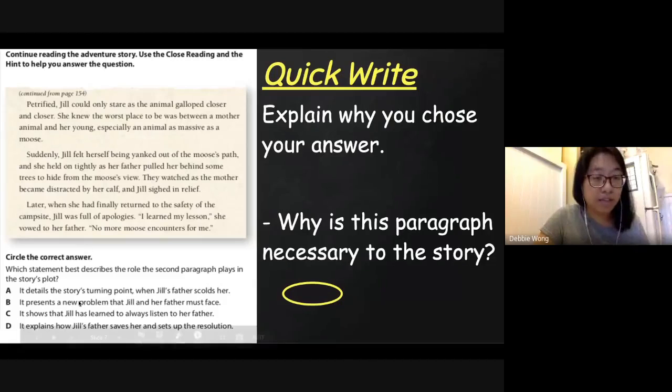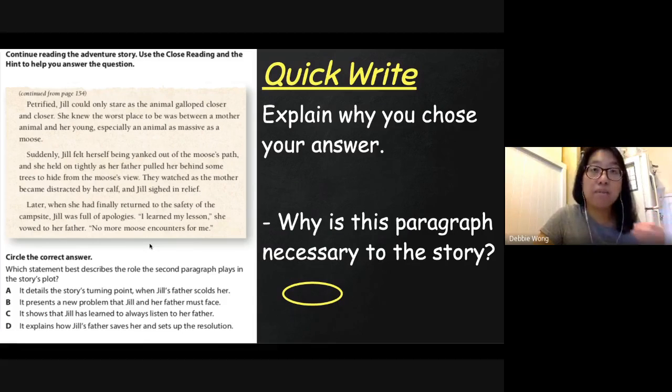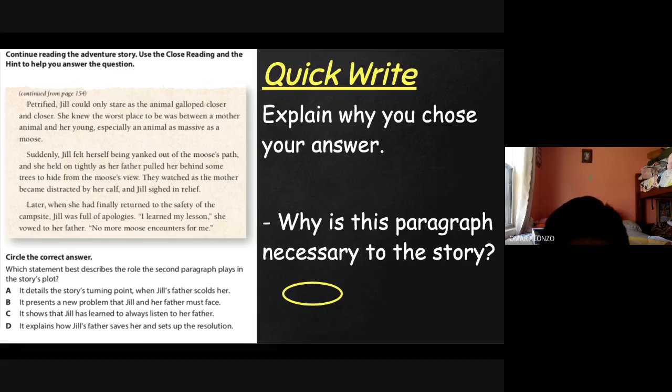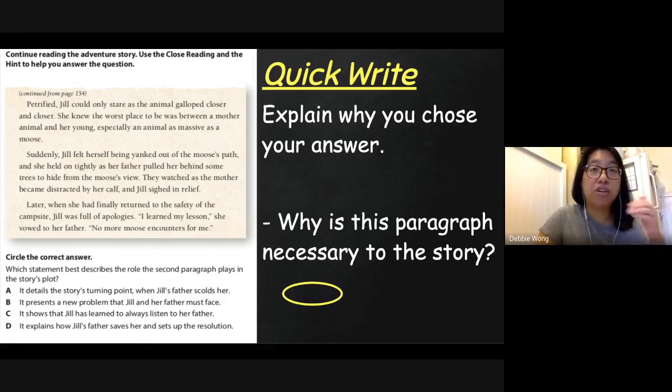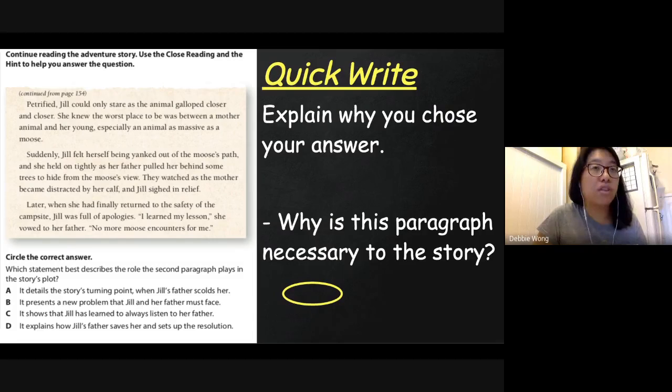Just at this time, the father came to intervene. Does anybody know what intervene means? Intervene means to interrupt or interject. So he saw that Jill was in danger, and he yanked her back behind the trees so that the moose wouldn't see her.